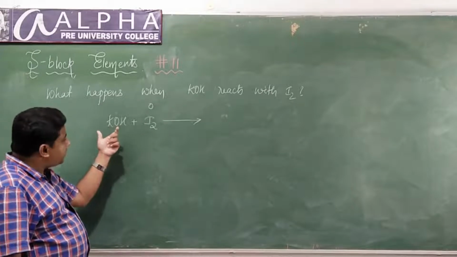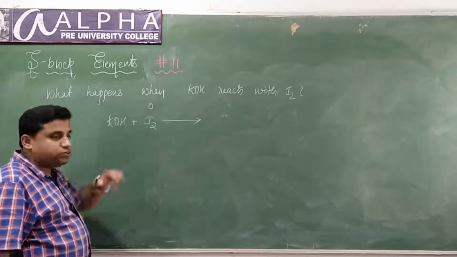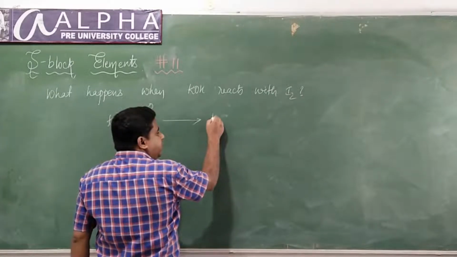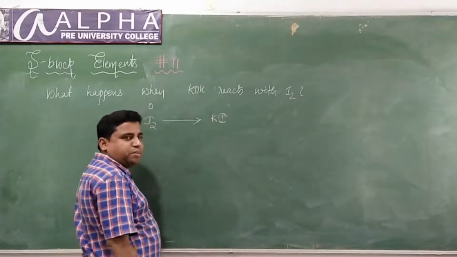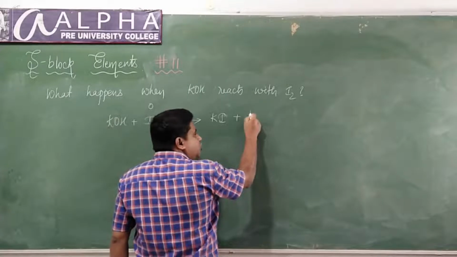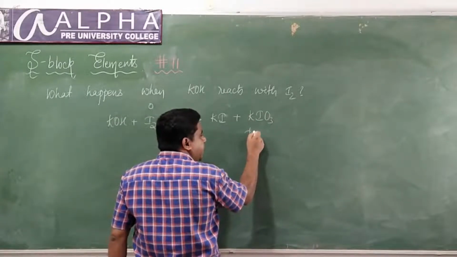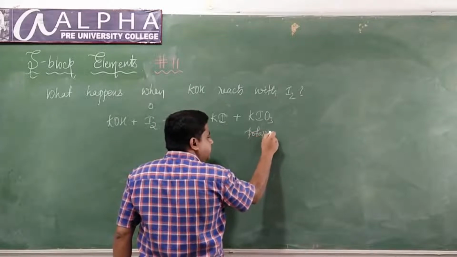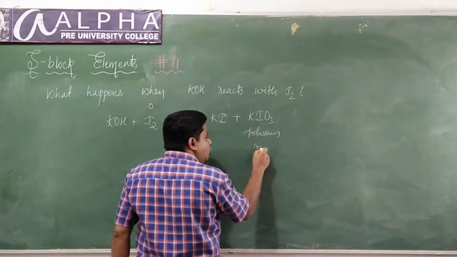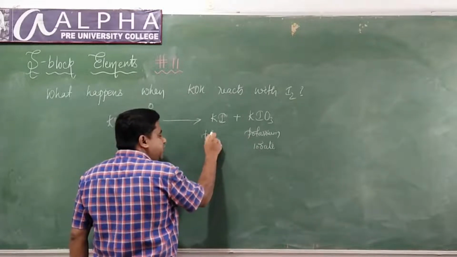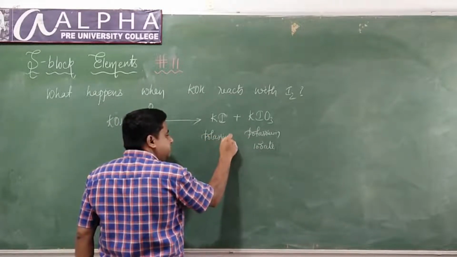It will be reduced to potassium iodide but oxidized to potassium iodate. KIO3 is called potassium iodate, and this is potassium iodide.